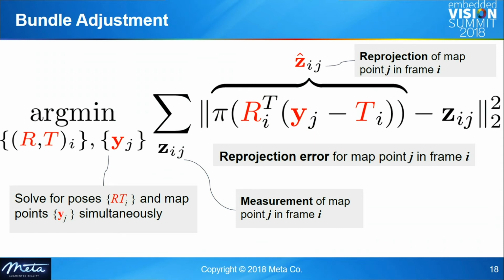I won't go into all the details of this, but what we want to do here is find such camera poses and such 3D coordinates for these points, such that the reprojection error that I showed a couple of slides back is minimized. This is what we aim to do.